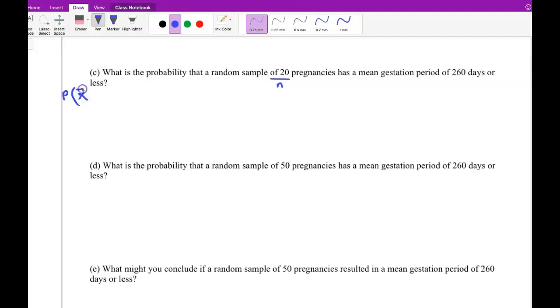So in this part we're going to use x bar, and we want x bar less than 260. So again, finding z first.